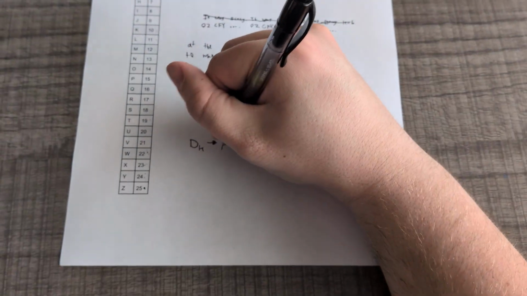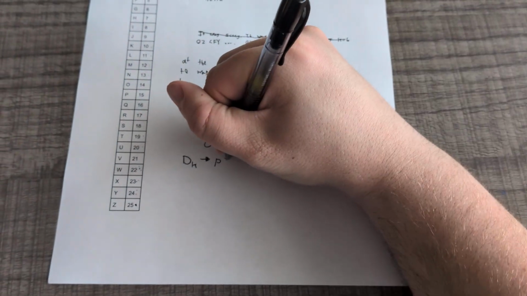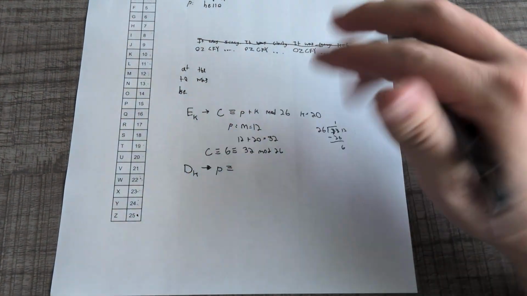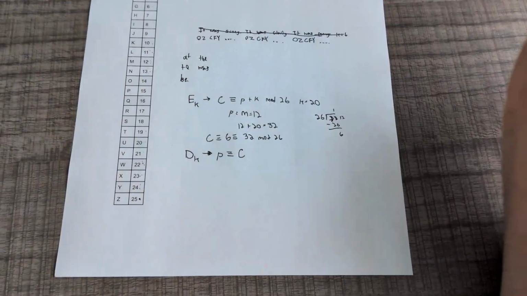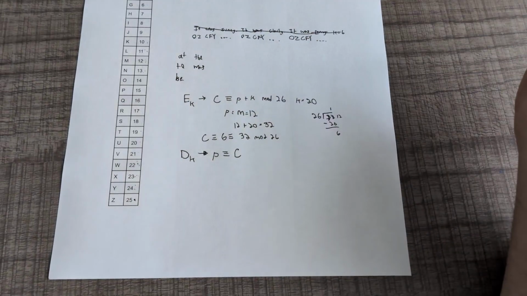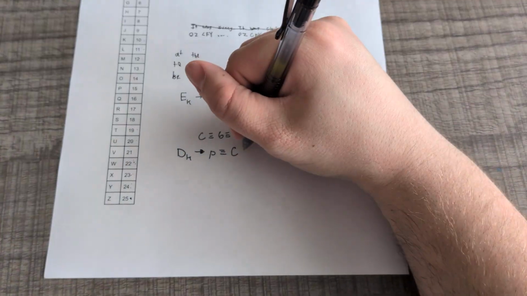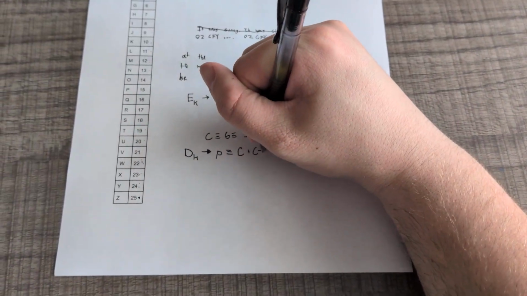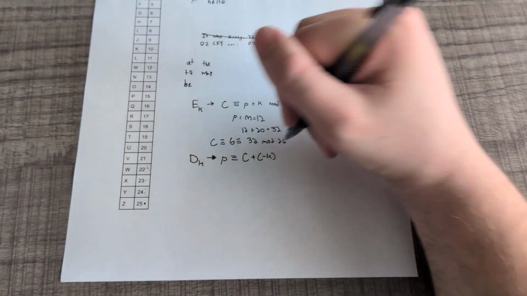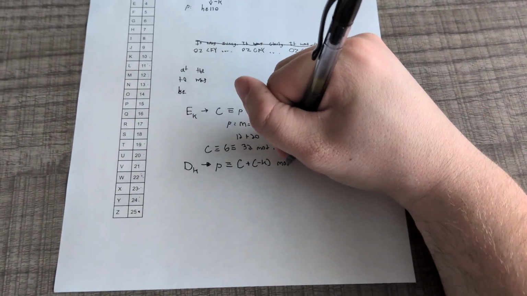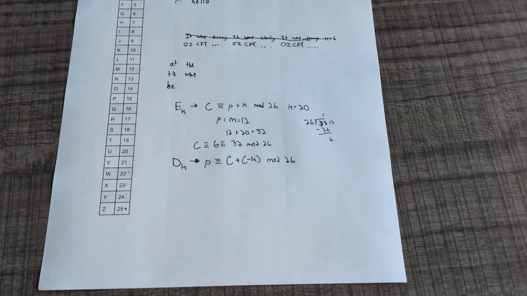To get our plaintext back, it's pretty much the same setup, but you just switch some things around. You have the numerical version of your ciphertext, and then you do plus or minus K mod 26.